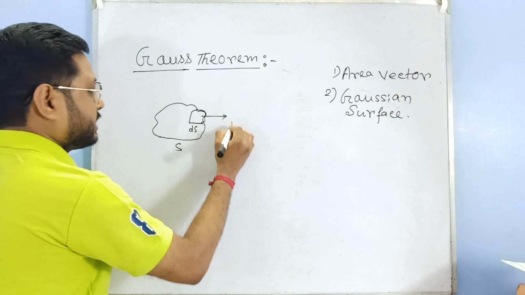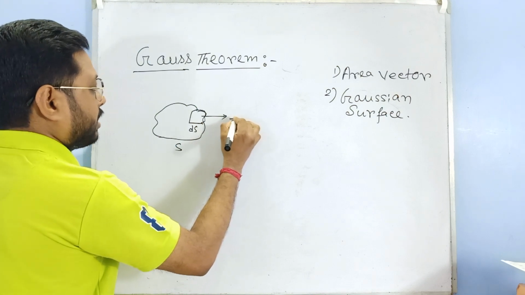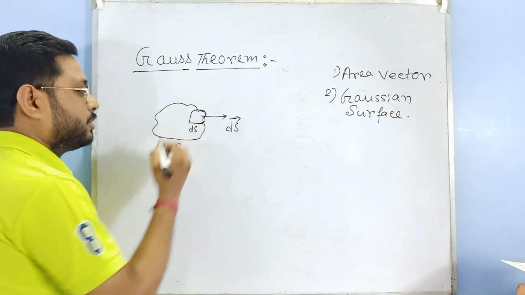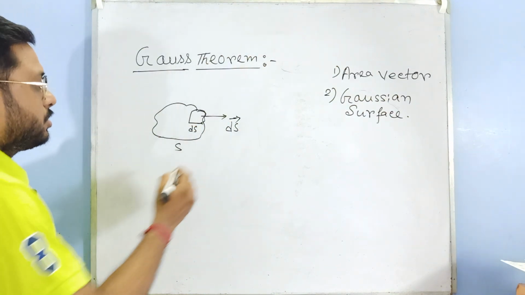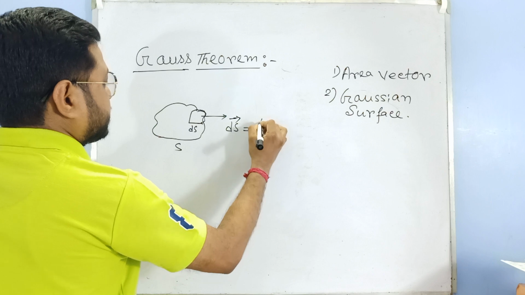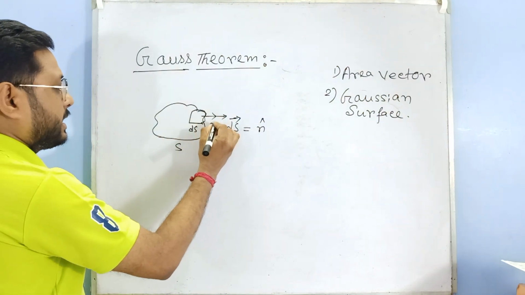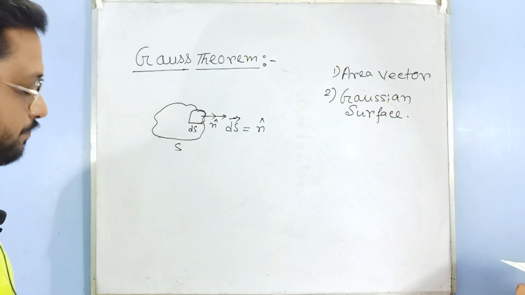So the direction of area dS is called the area vector, dS vector, which acts normally to it. The direction of the area vector is denoted by n cap, which is normal to the surface.